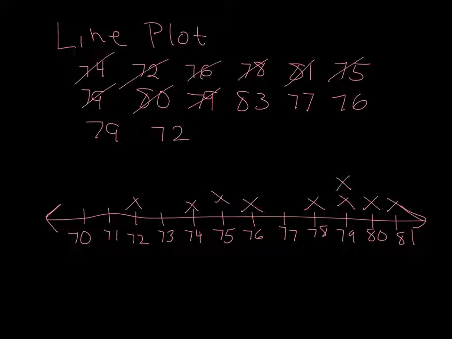When we have another one, we just stack the X's on top of one another. 83, I didn't make my line plot large enough, so we'll skip that one for now. 77, another 76, another 79, and another 72. So we just stack those X's up as many times as we have values of that particular number. So that's how you do a line plot.